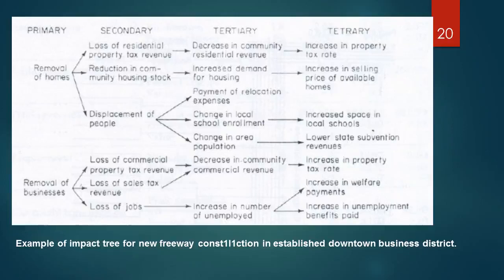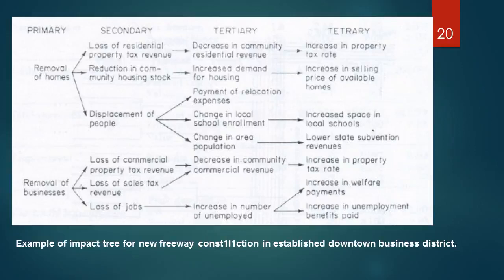And the primary impact, that is the removal of businesses, has secondary impacts like loss of commercial property tax revenue, loss of sales tax revenue, and loss of jobs. Loss of commercial property tax revenue and loss of sales tax revenue resulted in decrease in community commercial revenue and increase in property tax rate.